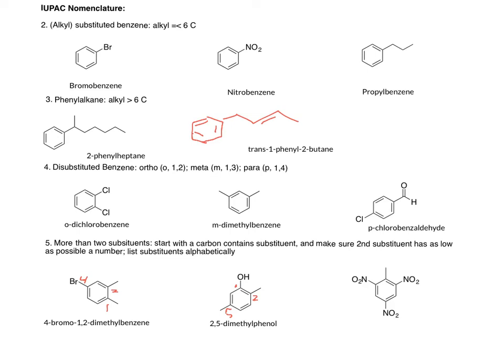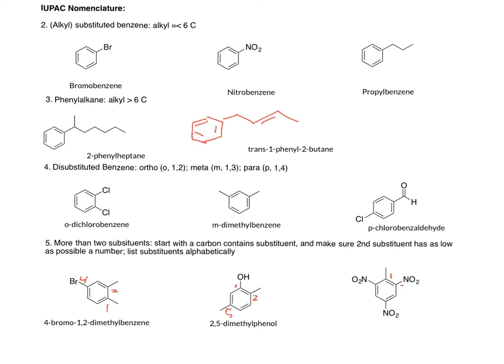And last but not least, we have a tetrasubstituted compound. Again, to simplify our work, we notice that we also have a toluene over here. So what we can do is number the carbon directly bonded to the methyl group as number 1, because we want to name this as toluene. We're going to move on either clockwise or counterclockwise. In this case, they're the same.